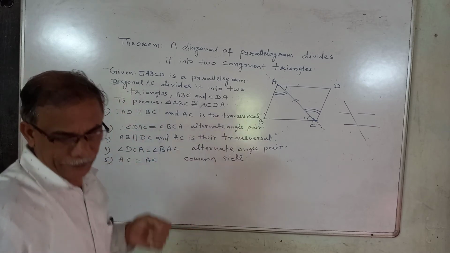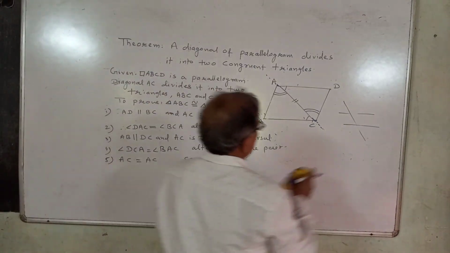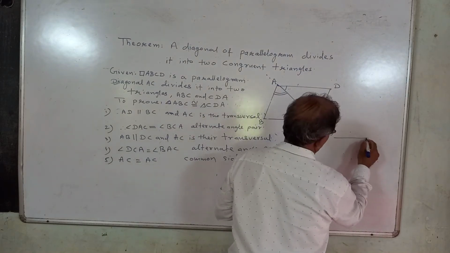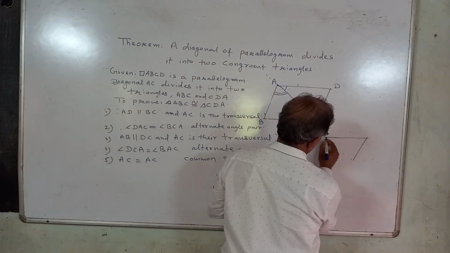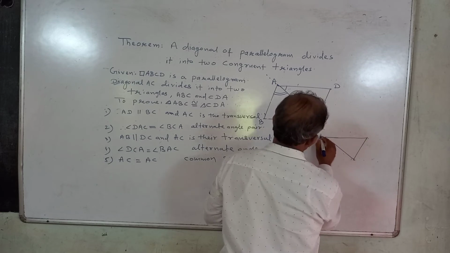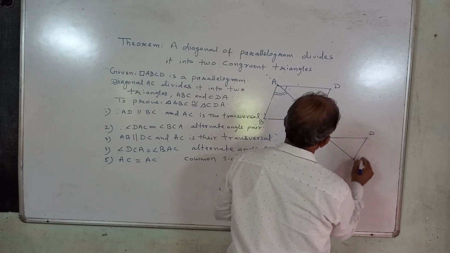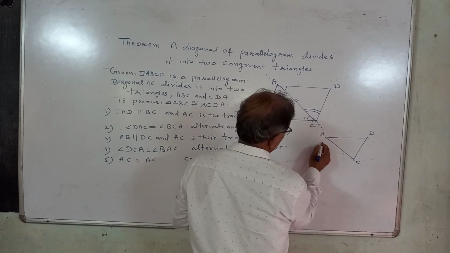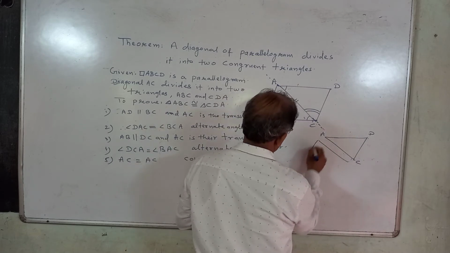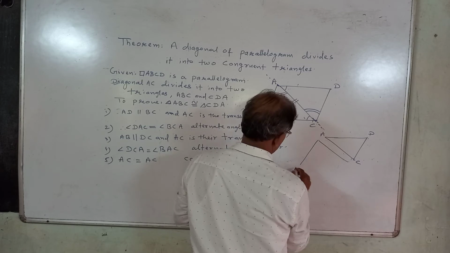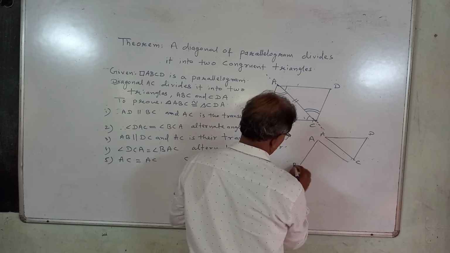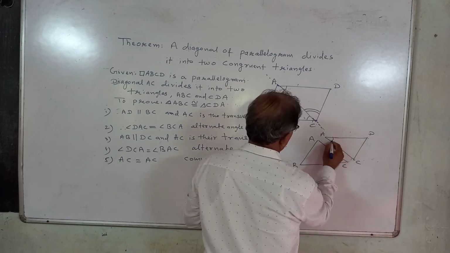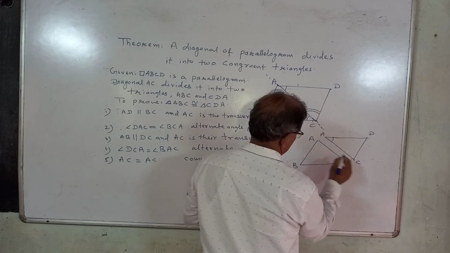Now see, I shall separately draw these two triangles here. A, B, C. Then the second triangle A, B, here C. This angle equal to this.